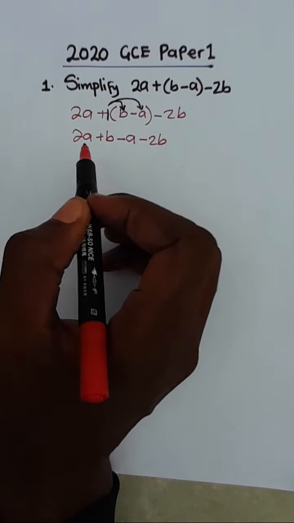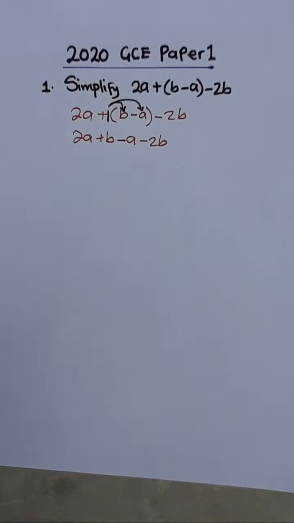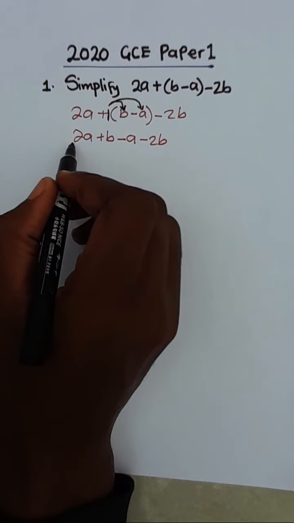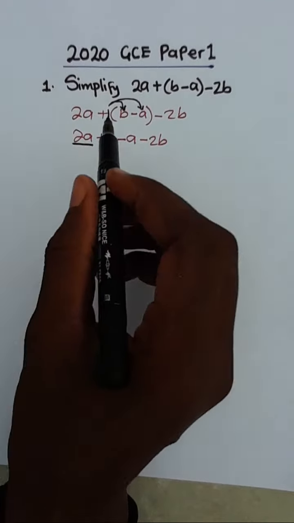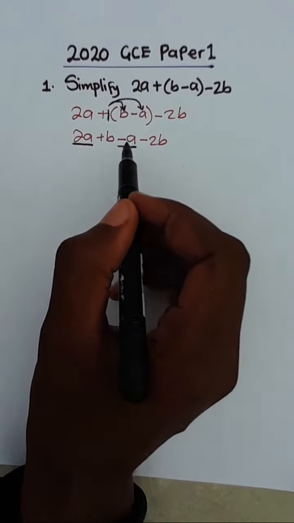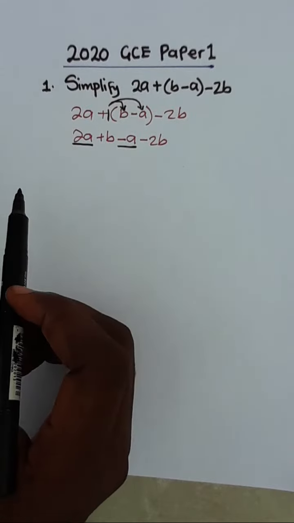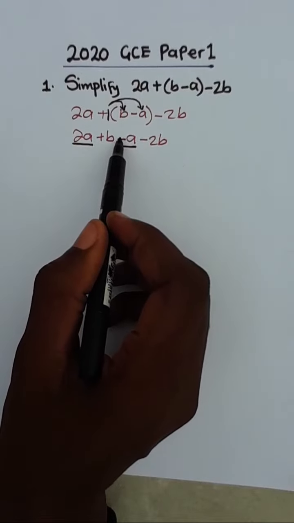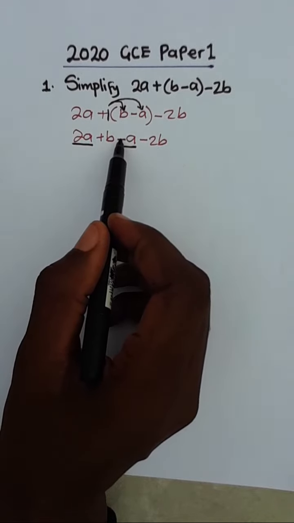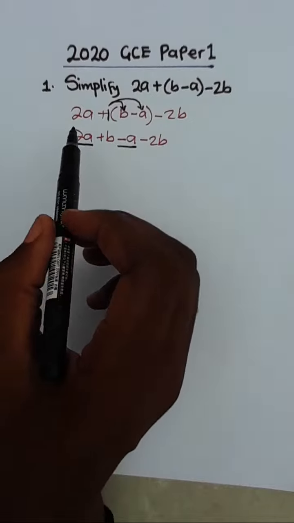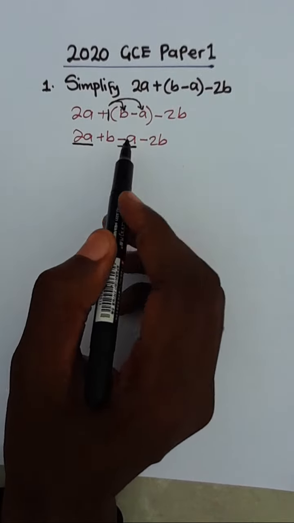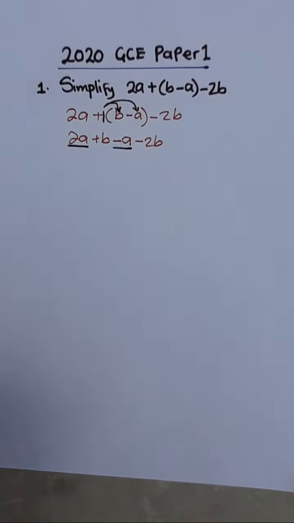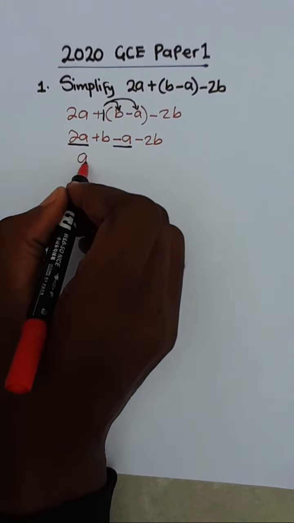At this point, we collect like terms together. This term has an a, and also this term has an a. So we are going to say 2a minus a. Remember and take note, I'm collecting this together with a sign. So 2a minus a is a.